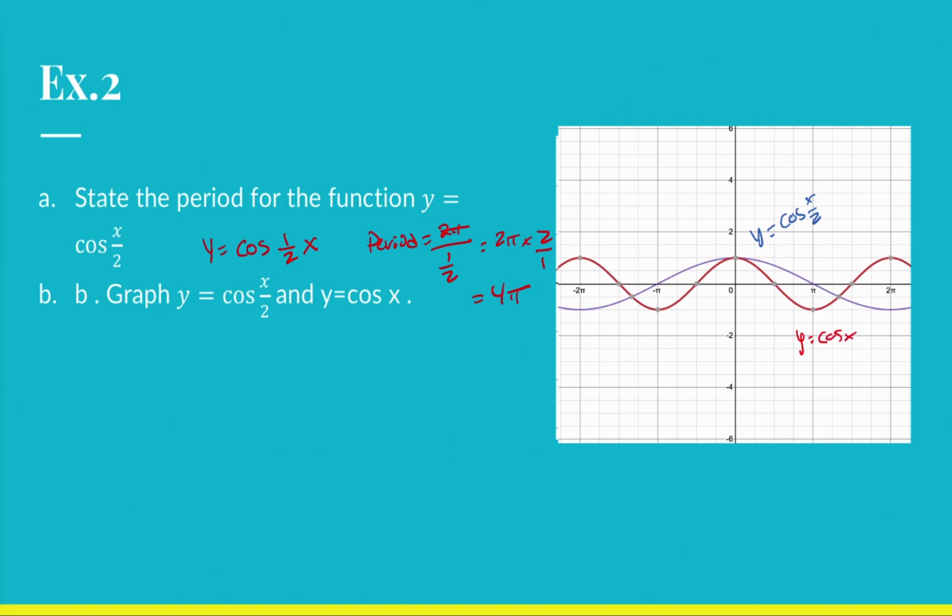So the period being 4 pi, now the function is stretched out because it takes 4 pi to do one cycle, whereas before it was 2 pi to do one cycle. So the period getting bigger means the function gets stretched out in the horizontal direction.